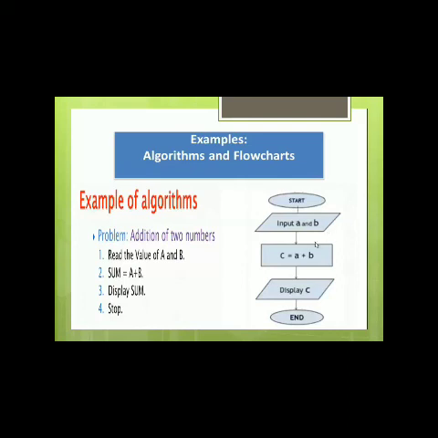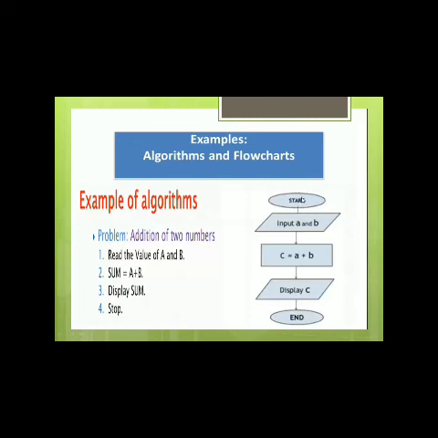Like here I have taken C, so I have displayed C. But if I take sum here, I will write sum. If I take P and Q, then I have to write C is equals to P plus Q, display C. So I hope it is clear now.